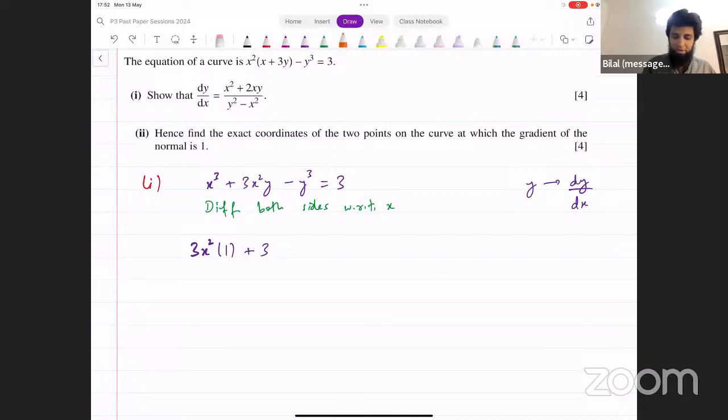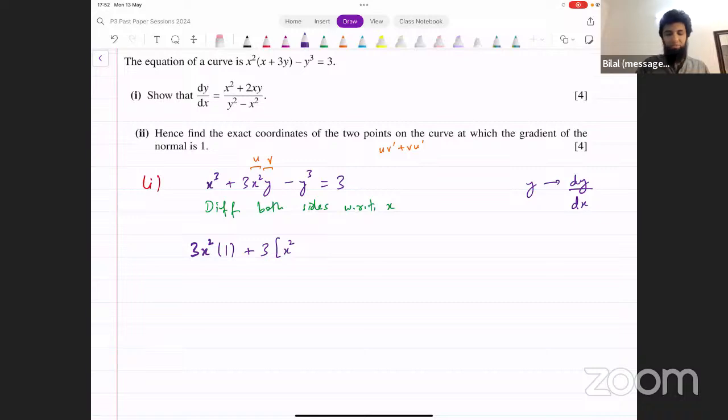So you say, this is u and this is v. And now the derivative of this is going to become uv dash plus vu dash. Now x square remains as it is, so u remains as it is, into derivative of y. What's the derivative of y?